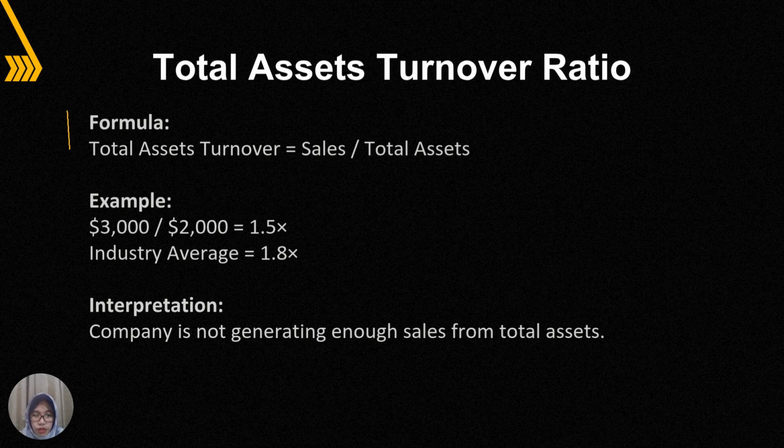So, our formula will be sales divided by total assets. So, using the values, our sales is 3,000 and our total assets is 2,000, which will give you a result of 1.5 times compared to the industry average of 1.8 times.